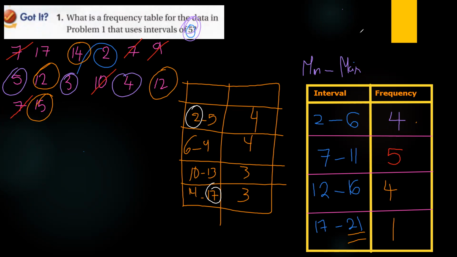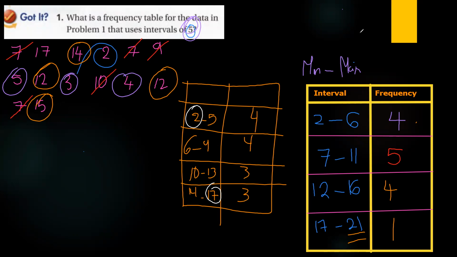I wanted to put a number of intervals. So I just ask myself, if I have 2 as the minimum and the maximum is 17, let's subtract 17 minus 2, which gives 16. Divide them by 4, then write them as 4 intervals. In this question, no, they told me to use the length of interval as 5. Then you write your table.